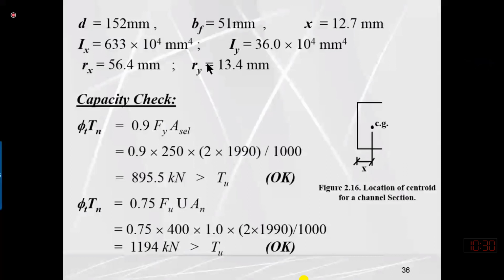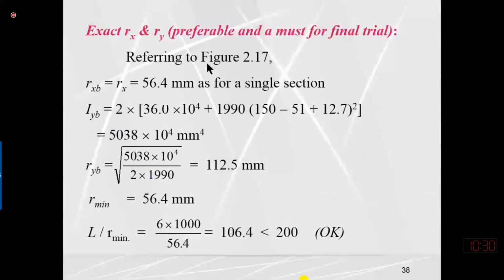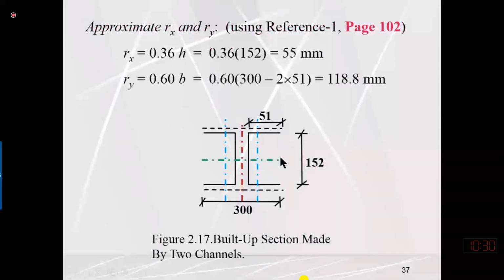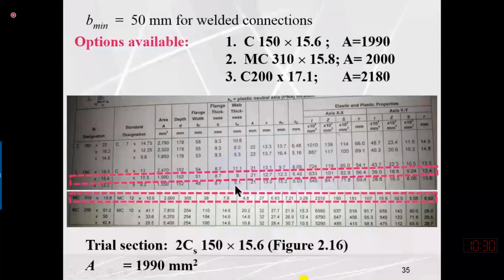Here first I need to explain this diagram. We have selected this channel. We are given that the total width of this section should be exactly 300. 152 is the depth, just as we have seen from here. And what is the BF value? 51.